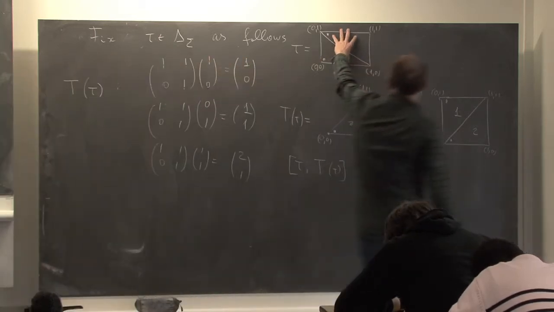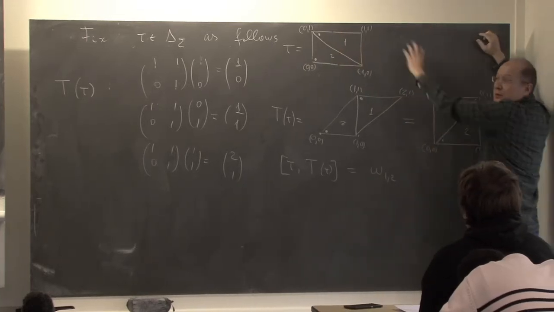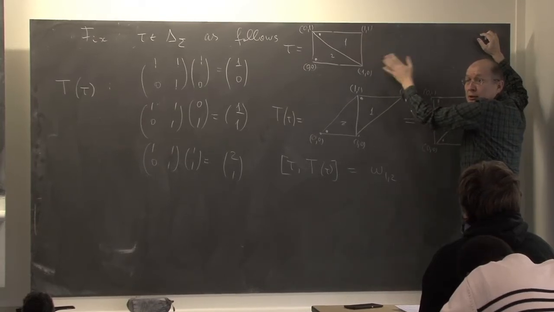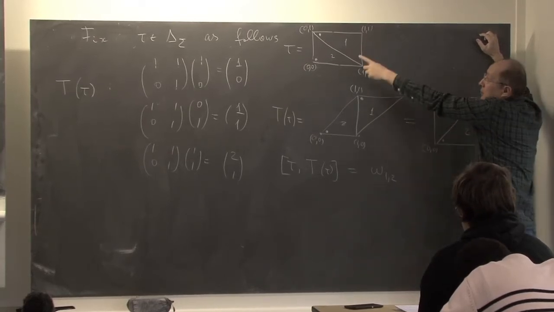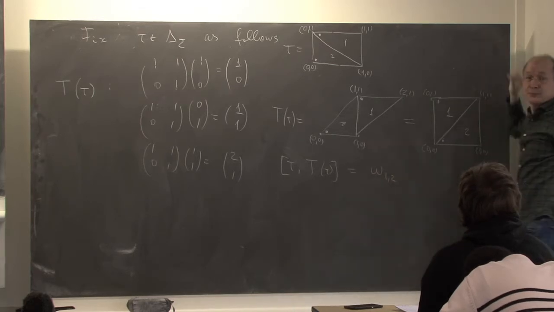Right? You pick up this and pair it with this. You put this result here next to each other, and you just see visually that this is an omega 1, 2 element.